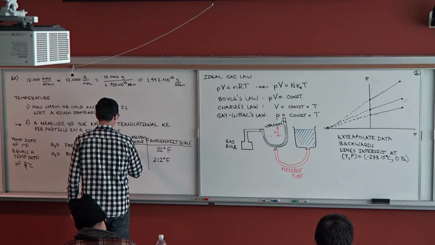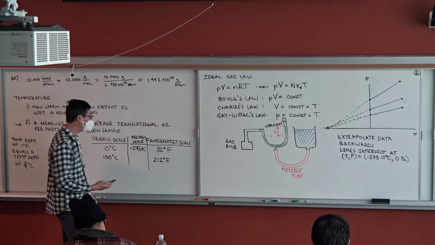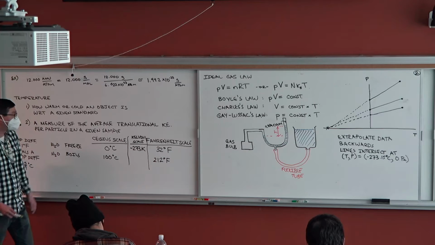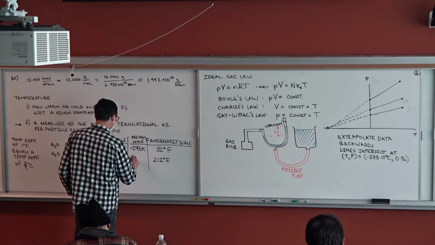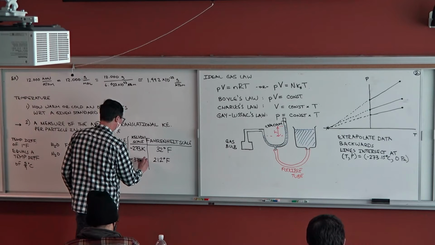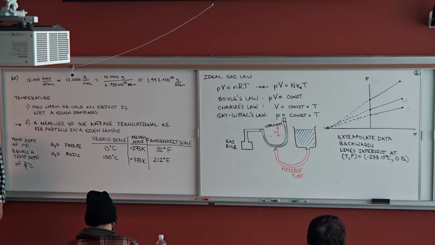We're going to say roughly 273 Kelvin is the temperature at which water freezes, and roughly 373 Kelvin is the temperature at which water boils.